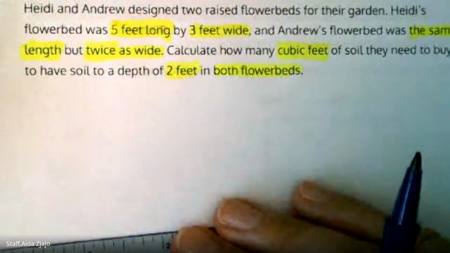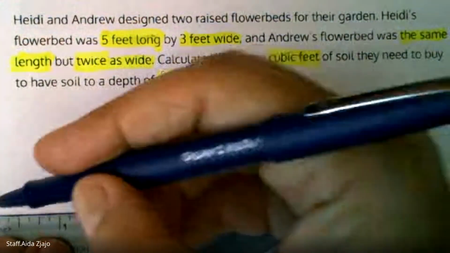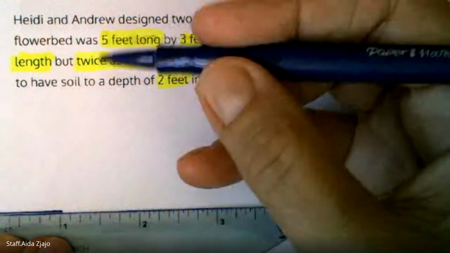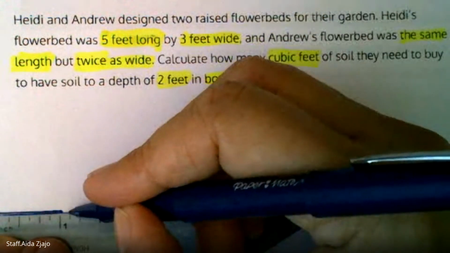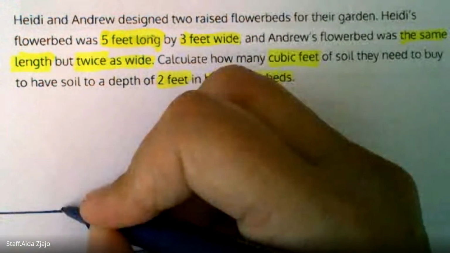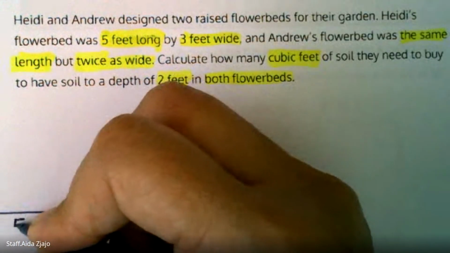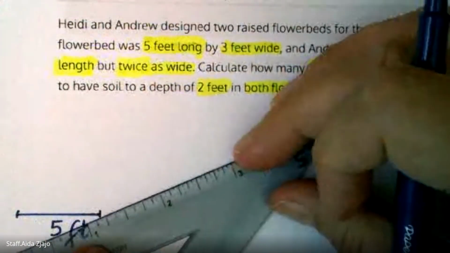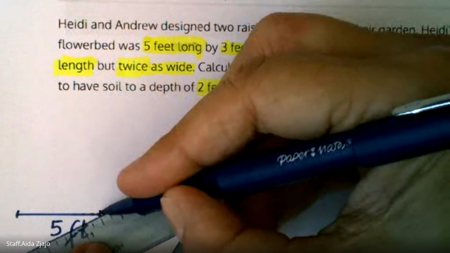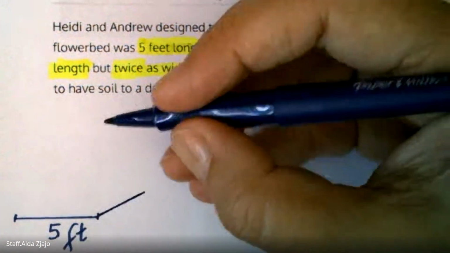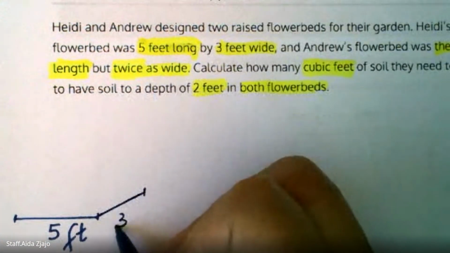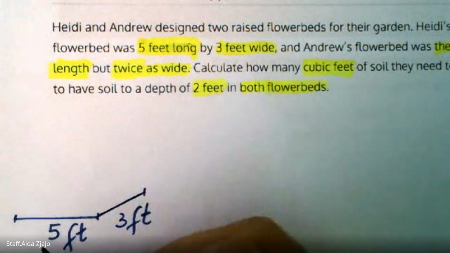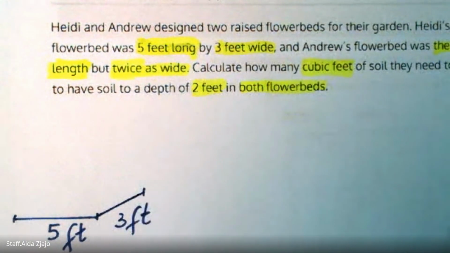Let's do that now. If this is about 5 feet long, and 3 feet wide, it's about like this, 3 feet. So 5 by 3.